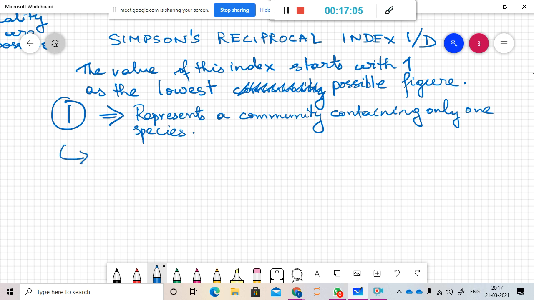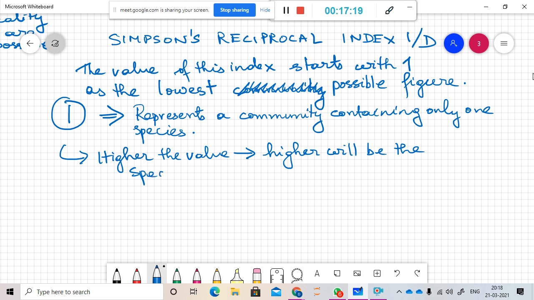So the higher the value, the higher will be the species diversity.